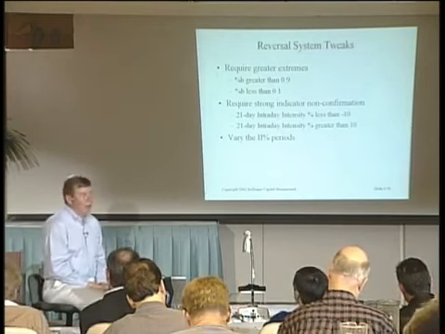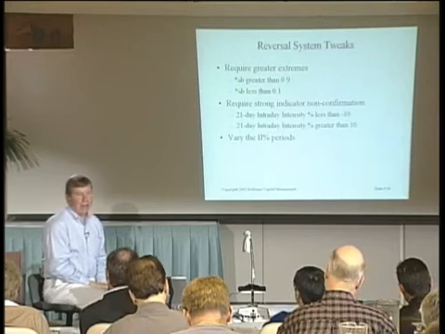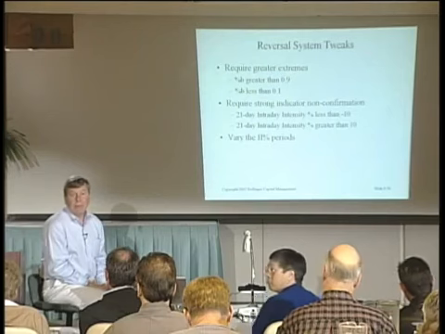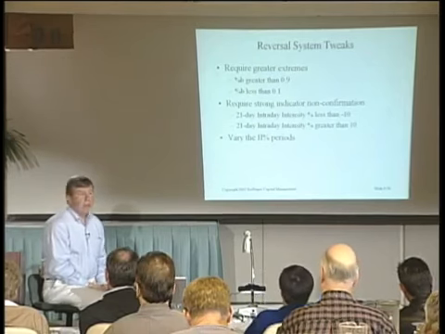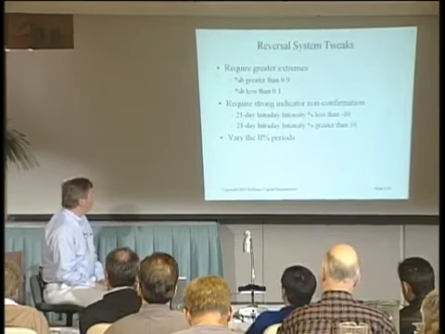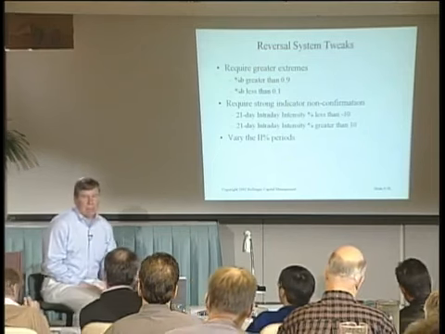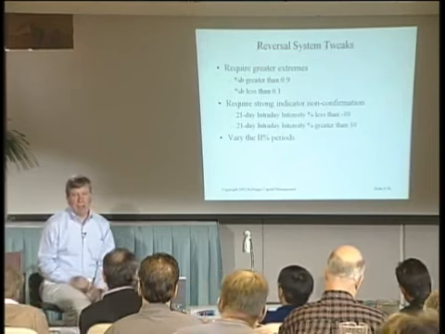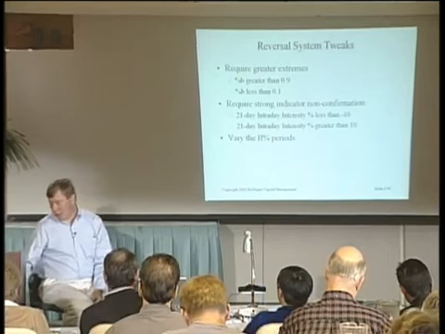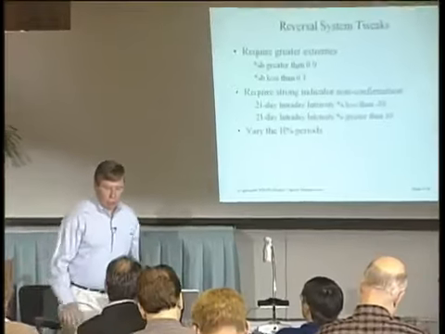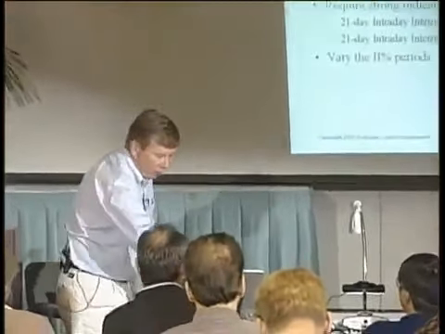I don't want to hear about 5-day intraday intensity. I just don't think that's going to work. I think you can just start shortening them from 21, and maybe something like 10 is a lower limit. But I think you're going to find that 21 works pretty well for most circumstances.